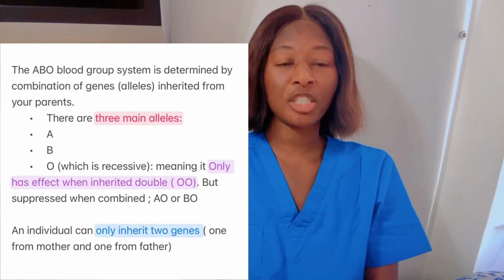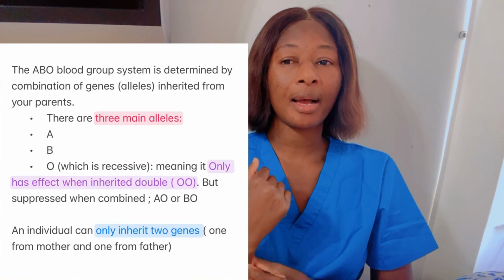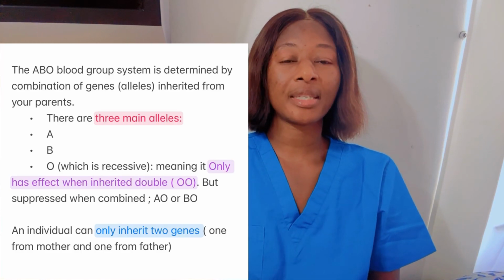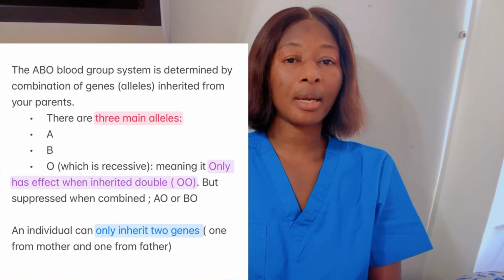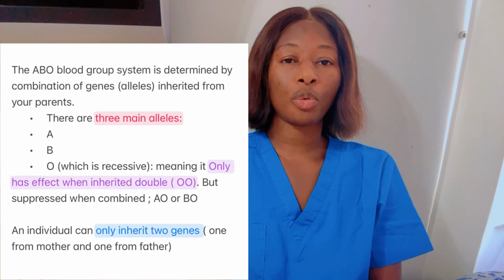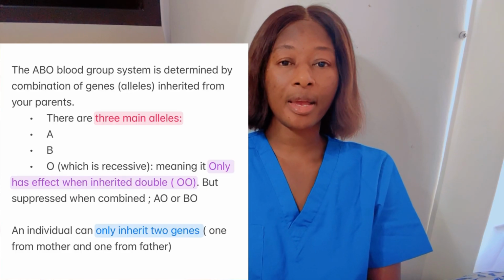There are three main genes when it comes to ABO blood groups, and these three genes are represented by the same letters we saw in the previous video when I was explaining the antigens. The three main genes are A, B, and then O. Based on these three genes, you can inherit any of them from your parent, depending on the group your parent has. So we are going to dive more into how they are inherited.